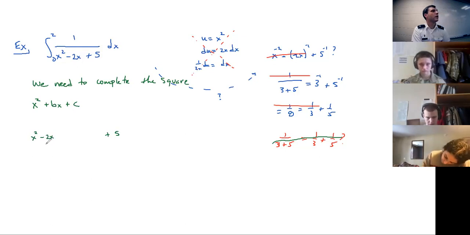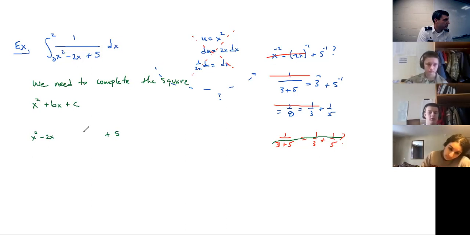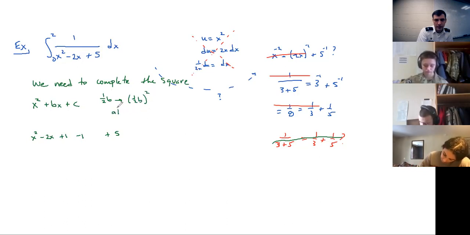What's that? -1, right? Half of the b value is -1. And now I'm going to square that. I get +1, and I'm going to add and subtract that number in. +1, -1. So take half of b, square it, and then add and subtract.